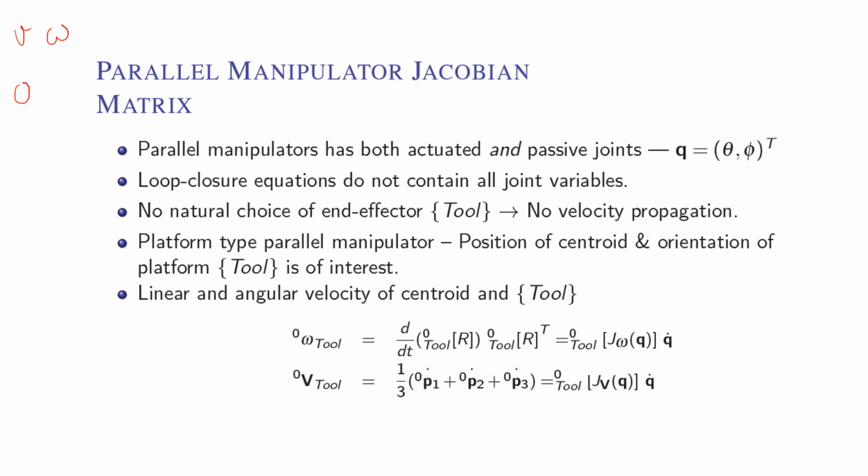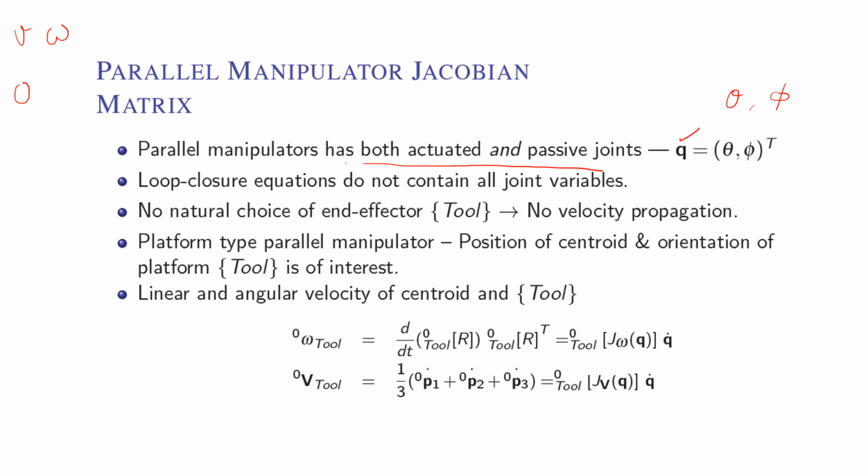In a parallel manipulator, you have both actuated and passive joints. So the configuration space vector Q contains both theta and pi. We have been using theta to denote the actuated joints and pi for the passive joints.